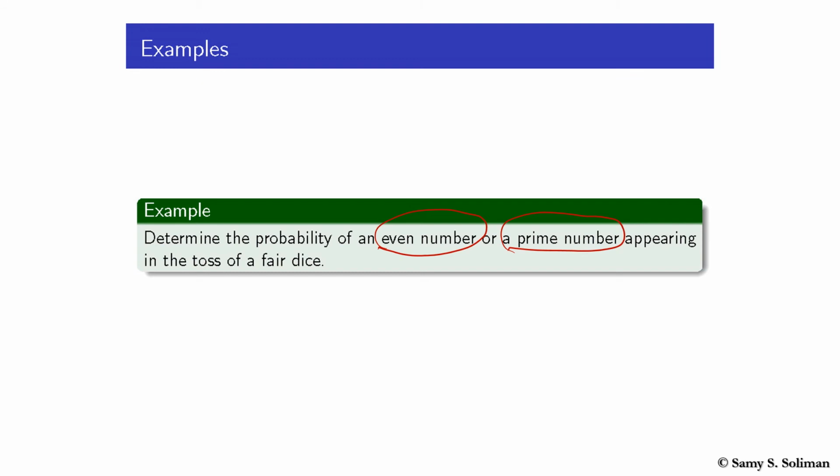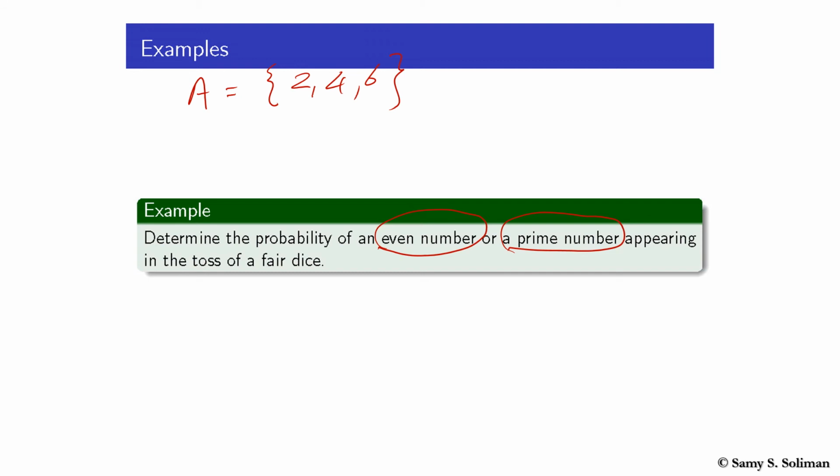So let's assume that we have event A, and it includes the set of even numbers. So these are 2, 4, 6. Again, we are talking about tossing a fair dice. Fair dice means that the probability of any of the 6 phases is 1 over 6.